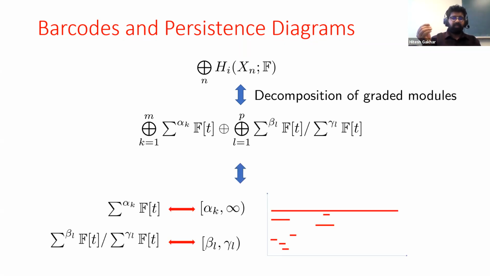Essentially, each of these indecomposables corresponds to some level of homological activity that took place as we vary our filtration index. The free parts give you semi-infinite bars, and the torsion parts give you finite length bars.